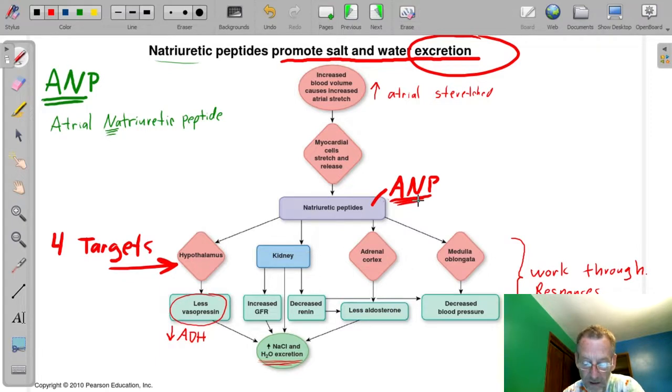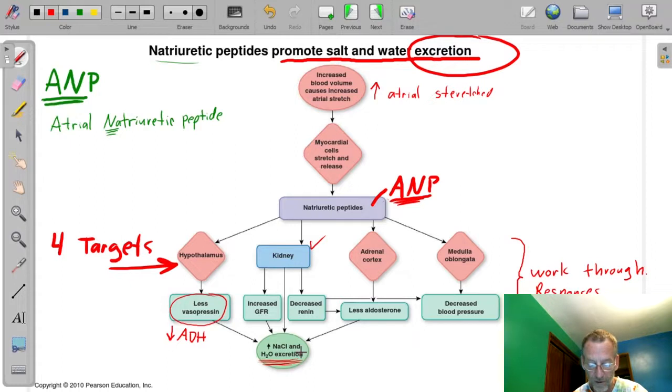There are receptors for ANP on the kidneys. So it increases GFR and decreases renin. If we increase the GFR, we dilate the afferent arteriole, the GFR goes up, and that also results in increased loss of sodium and increased loss of water.